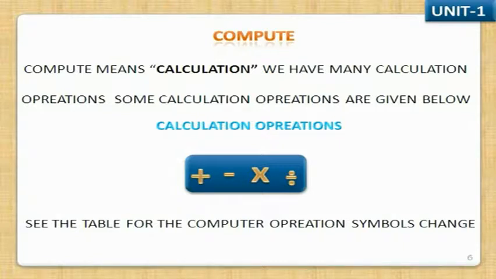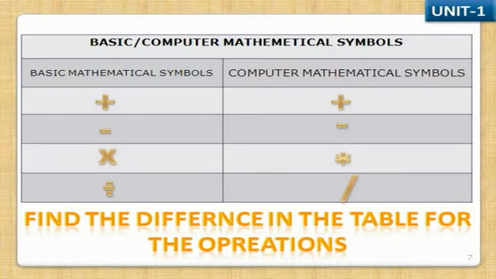What calculation symbols do we have, and what calculation operations? Some calculation operations are highlighted; you can see how the calculating operations have changed in the computer, and how the symbols have to be given to the computer. It is given in the next slide table, see that.